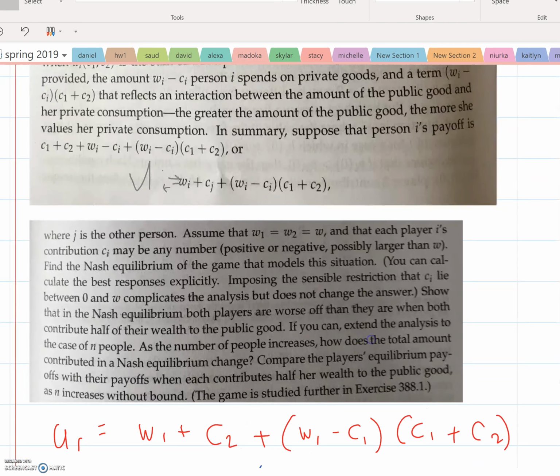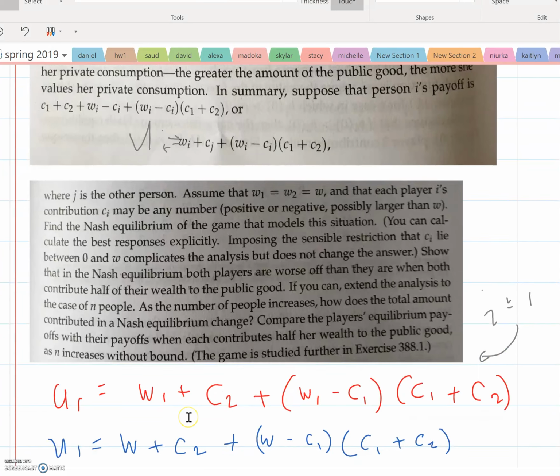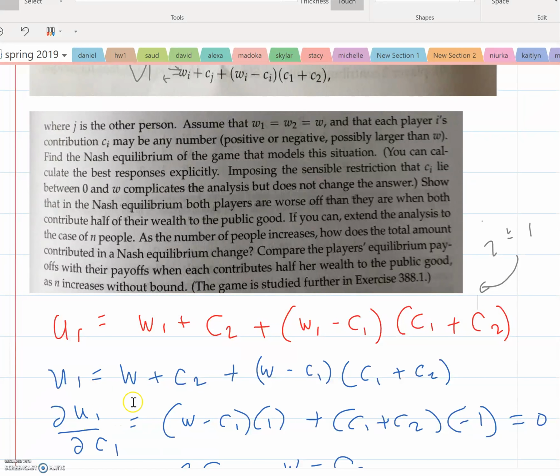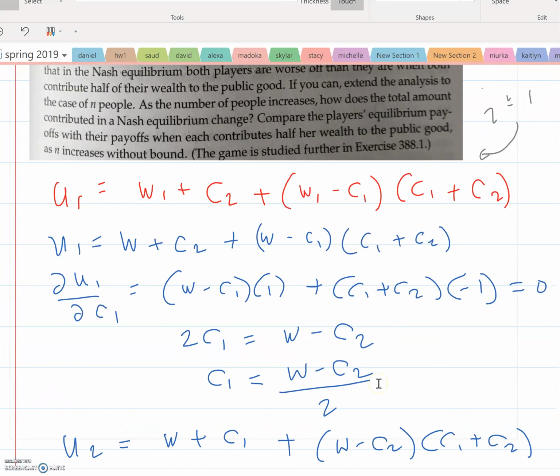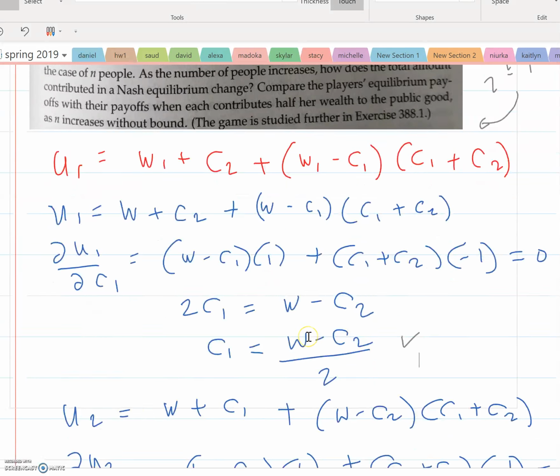Just follow what he's saying: here, you're making i equal to 1. If i equals 1, then you have that. Now, take the derivative of U1 with respect to C1 and set it equal to 0, and you will have this. And then you will have C1 is equal to W minus C2, all over 2.